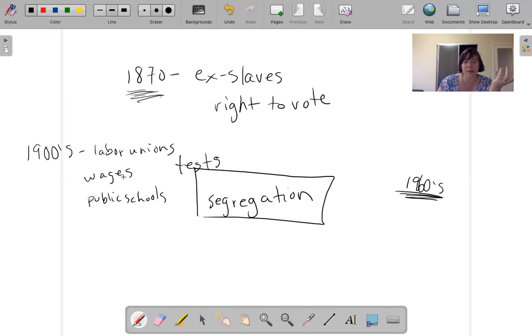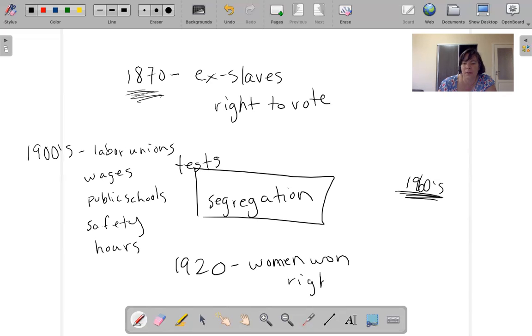And what else? Labor unions, wages, public schools, safety. There were safety rules made. Hours were shortened. And in 1920, women won the right to vote. So that's it.